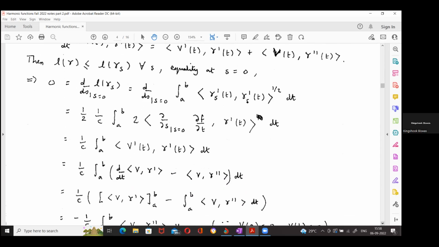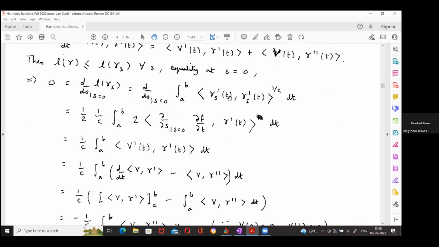So I differentiate this with respect to s. I'll get a half coming down, and then this to the power minus half at s equal to 0.